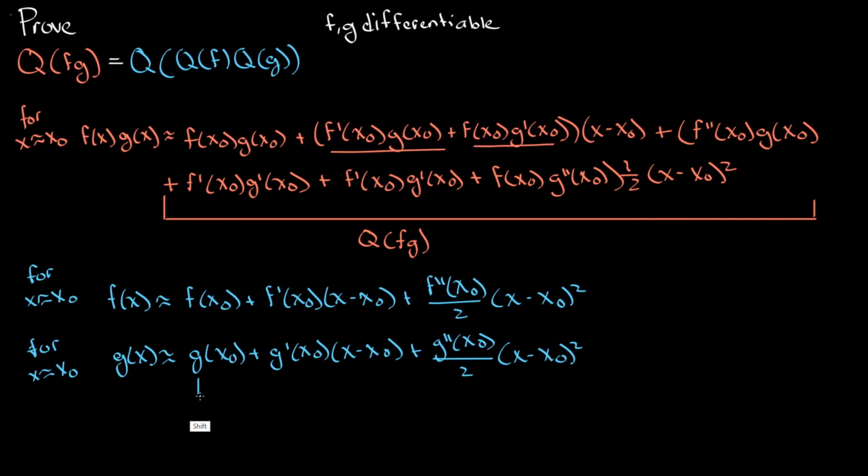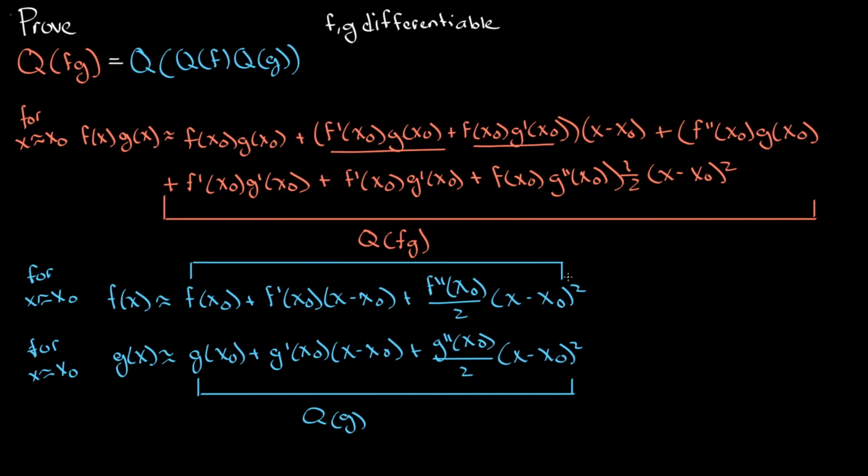And again, this guy right here is q of g, I meant to say. It's our quadratic approximation of g. And this guy up here is q of f. And now, according to this right-hand side, we multiply them together, and then we take the quadratic approximation of that product of their quadratic approximations, which in this case just means, okay, throw out these higher order terms.